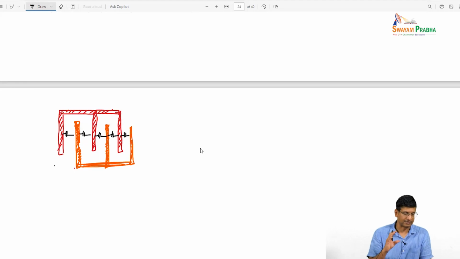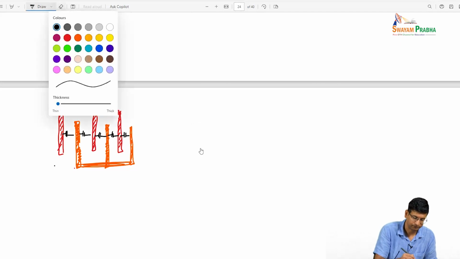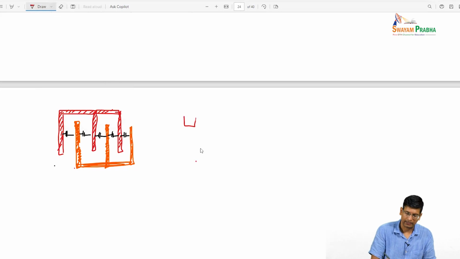If I take a side view of the system, right, I can basically have, sorry, let me just go back to the color. So I can have one layer like so. And this is the other finger, right?